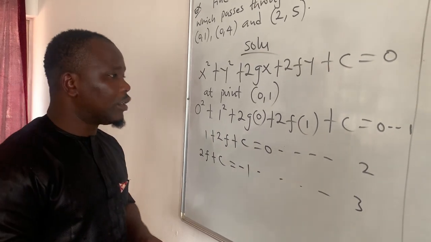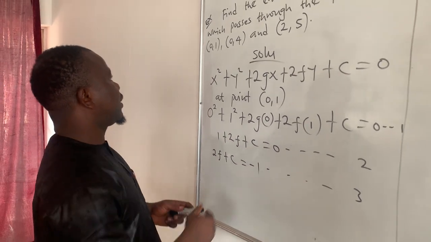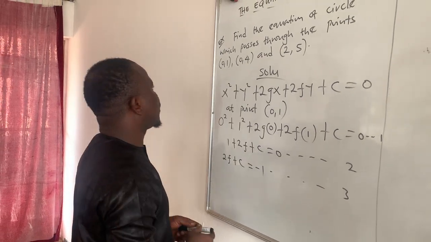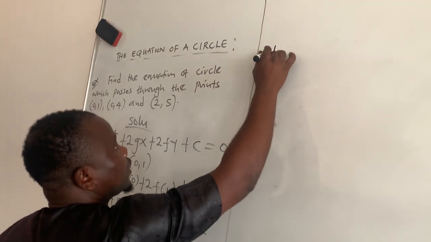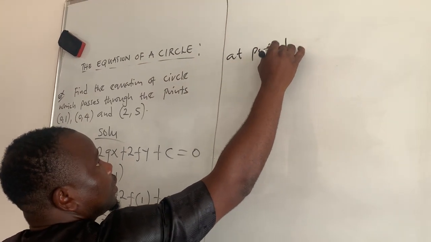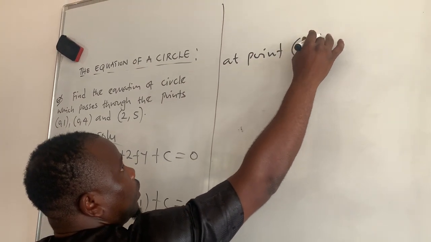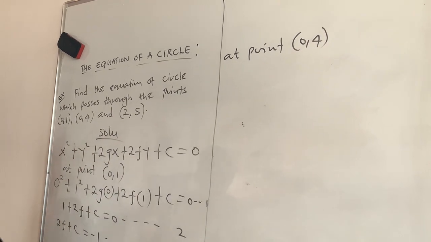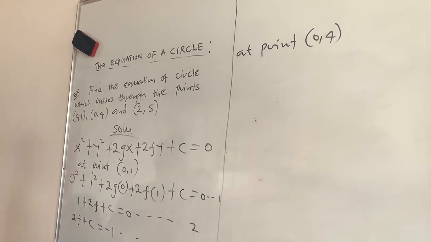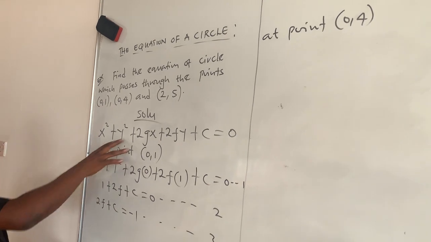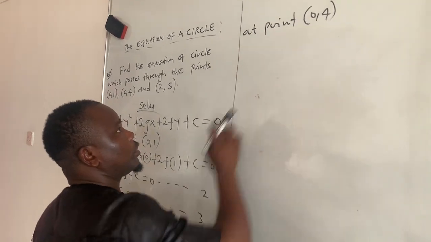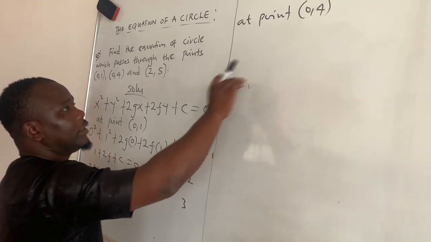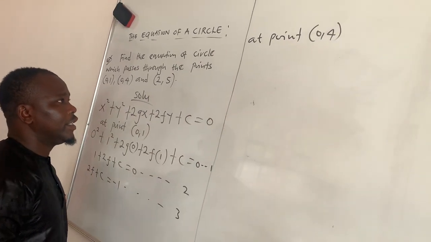Okay, let us look at the point (0, 4). At the point (0, 4), we are still using the general equation of a circle. It implies that our x is 0 while the y is 4.